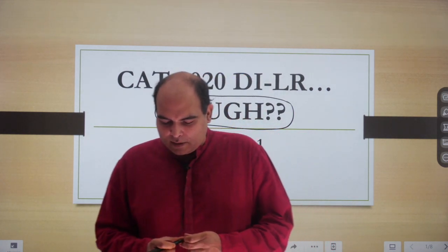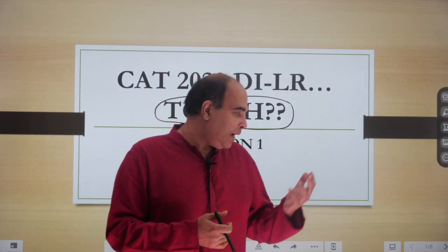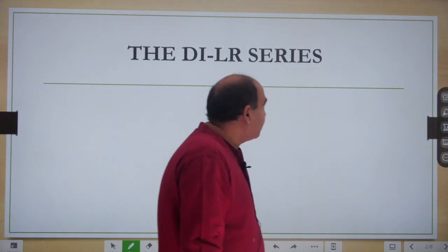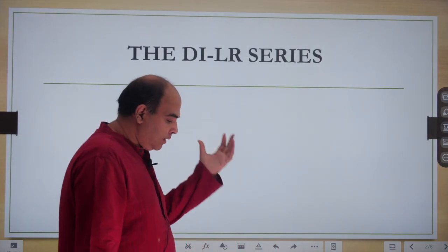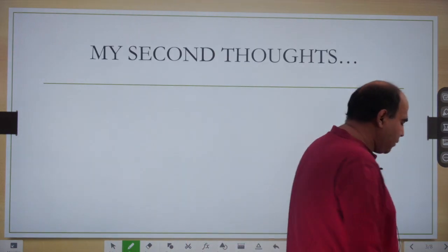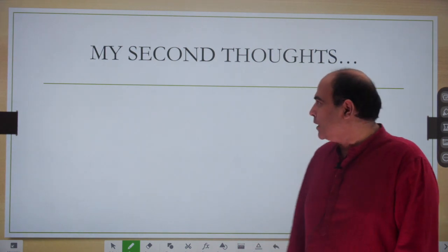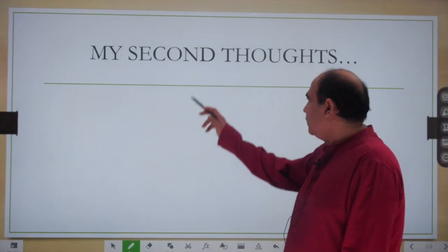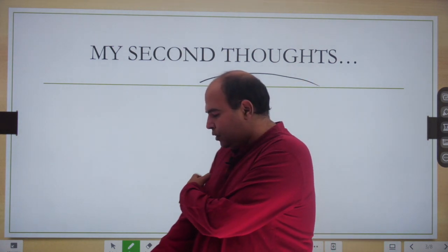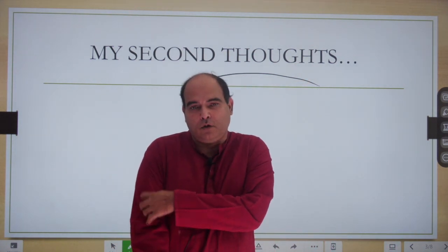And of course, as I said, my second thoughts on this issue are that in this DILR series, I actually want to show you that CAT questions are actually not so tough as they are supposed to be, or as the general logic goes.